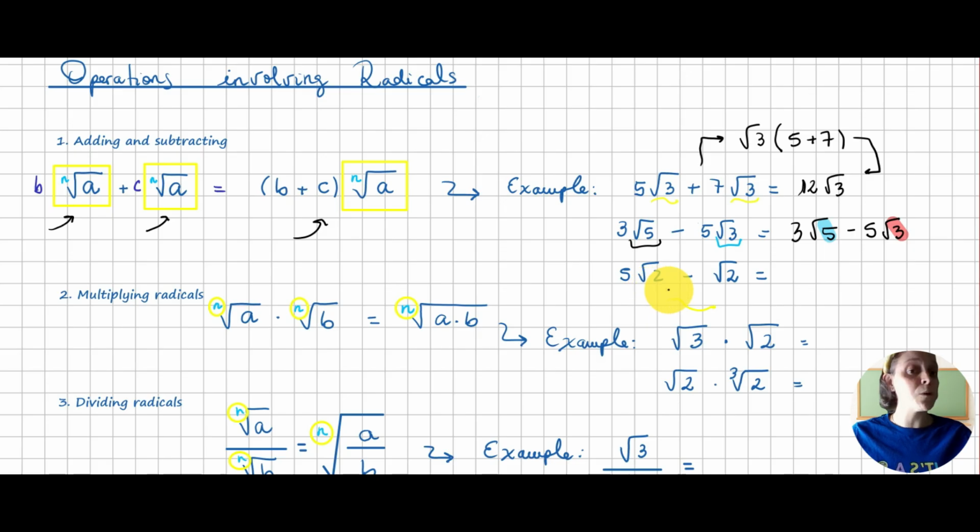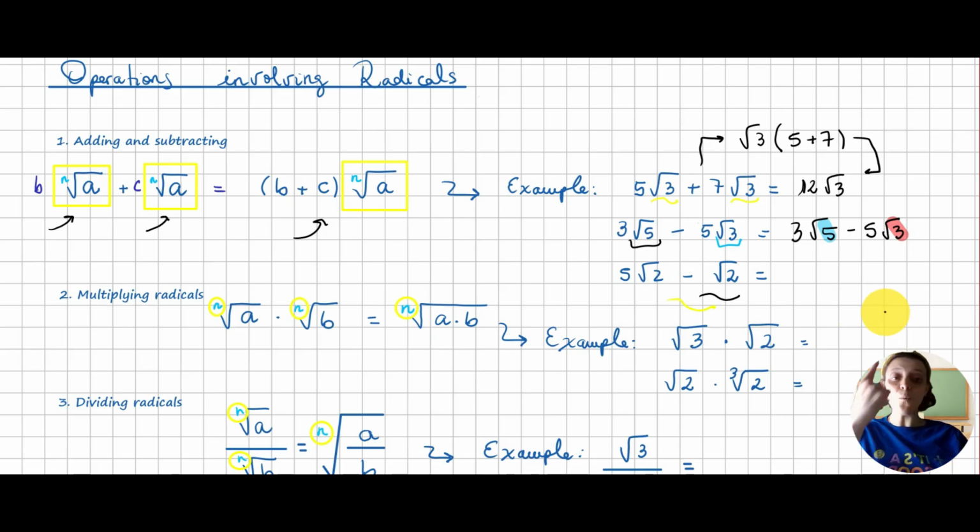5 square root of 2 minus square root of 2. So here, see guys, that there is a very common mistake when a teacher asks, how many roots of 2 do we see here? So some people say 1, but some people say 0 because they don't see a coefficient here. Remember that if nothing is written, there is a 1, okay?